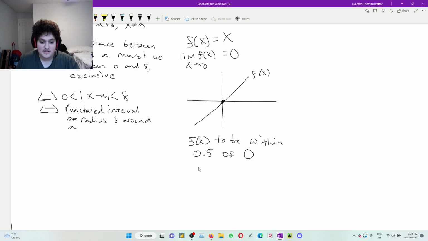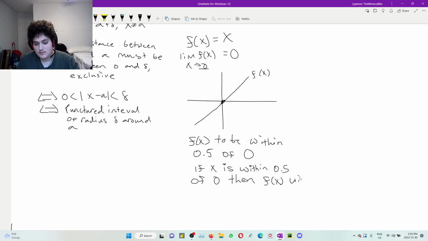I can guarantee that by telling you that if x is within 0.5 of what it's approaching, which in this case is 0, then f of x will be within 0.5 of 0.